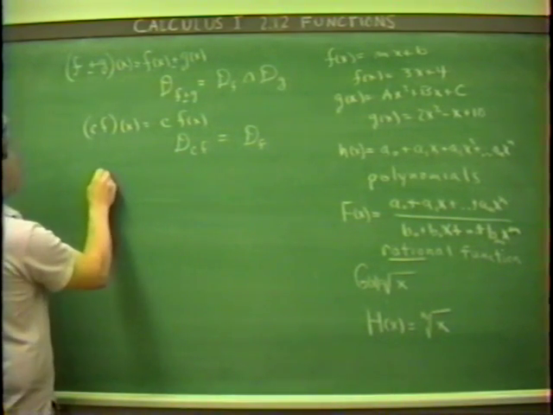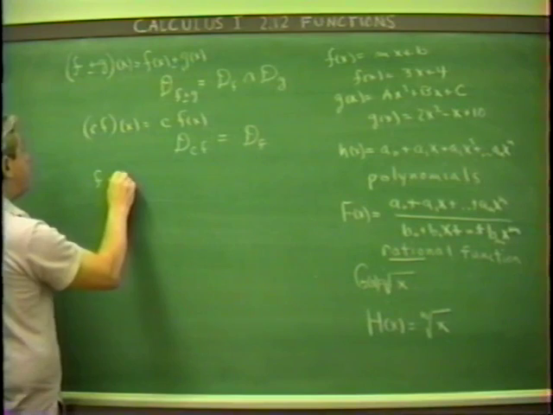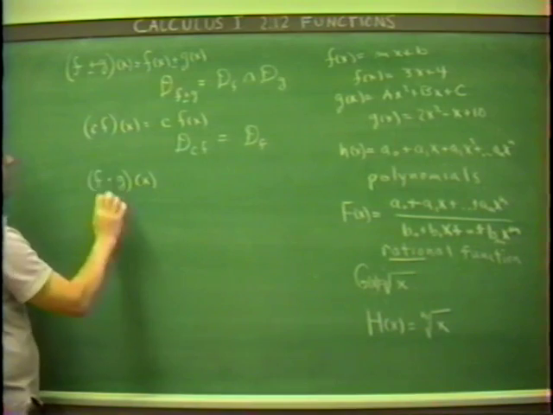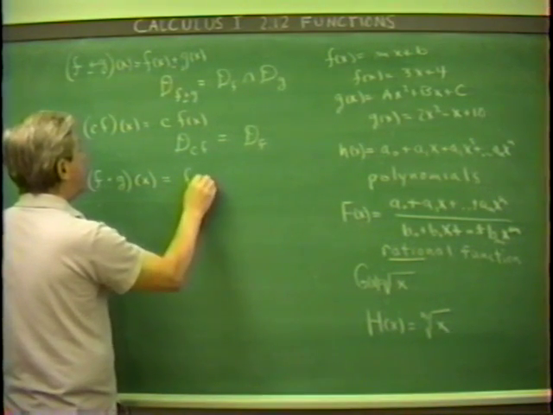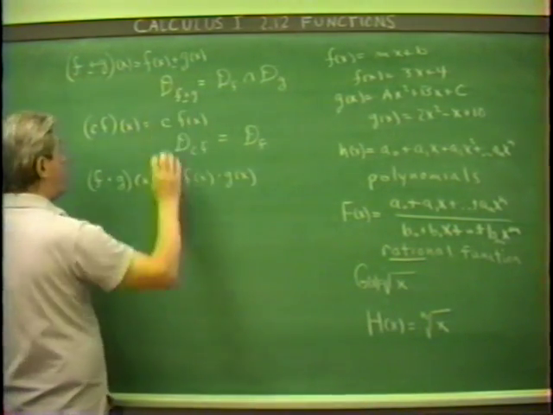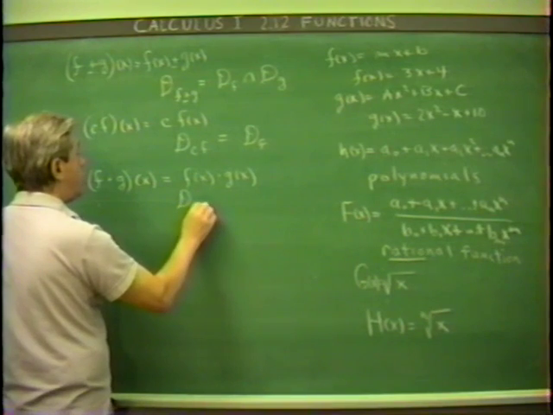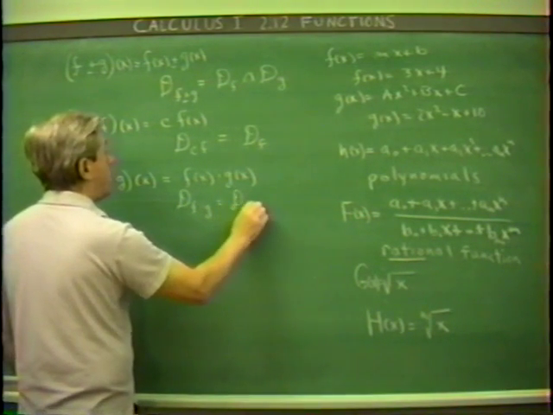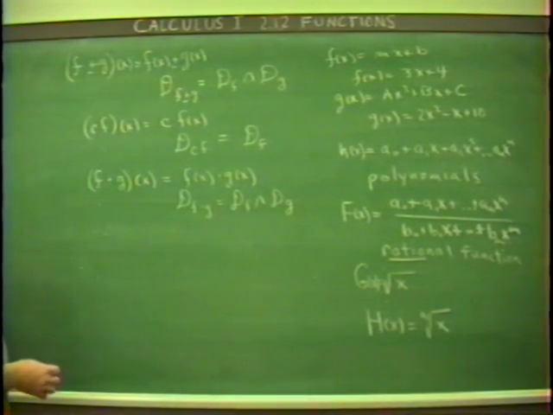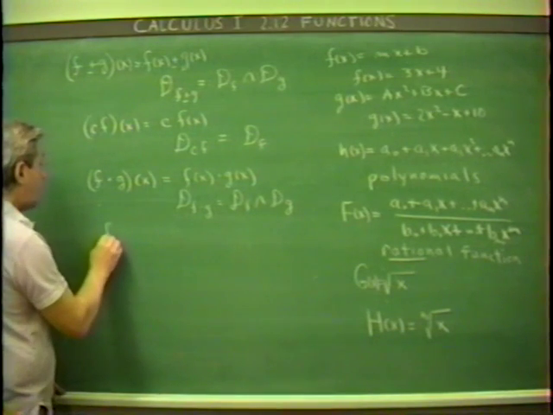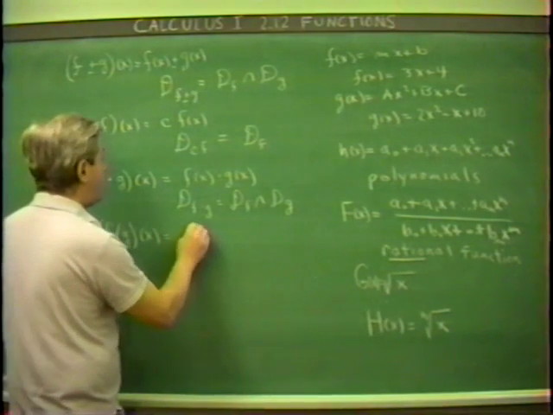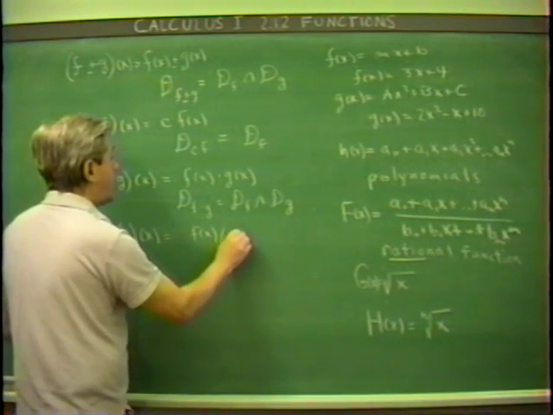The product of two functions. Multiplication is unique. So we've got two functions f and g. We can define f times g by f of x times g of x. And again here, as with addition, the domain of f times g is going to be the domain of f intersected with the domain of g. F must be defined and g must be defined, and then f times g will be. F divided by g will be the function at x, which naturally enough is f of x divided by g of x.